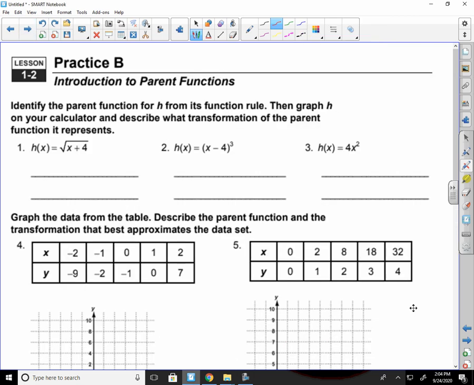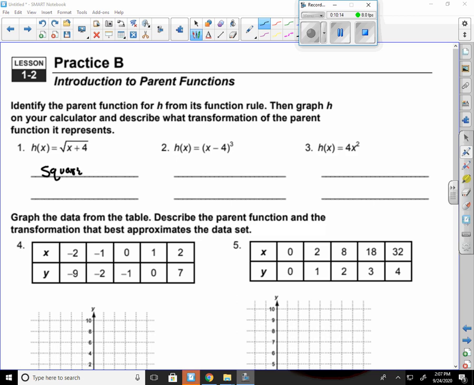Look at the next one. Identify the parent function. Practice B. Identify the parent function for h from its functional rule, then graph h on your calculator and describe what transformation the parent function represents. My parent function is going to be a square root.